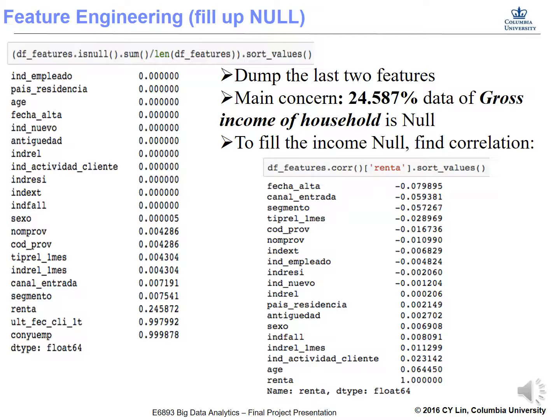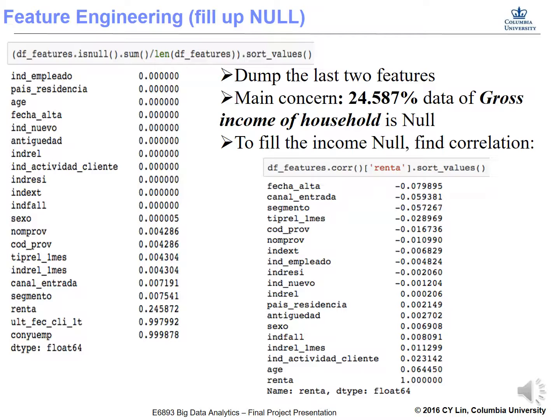The first main problem we met is that a very important feature, the gross income of the household, has 24% of it as none. To use that feature, we need to fill the none with other information.